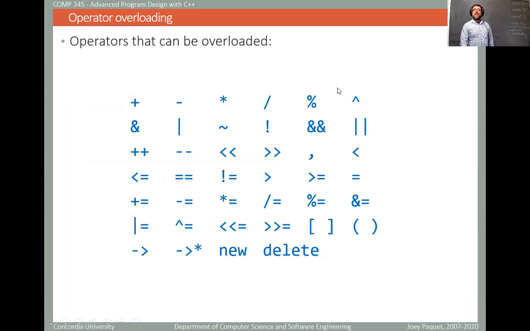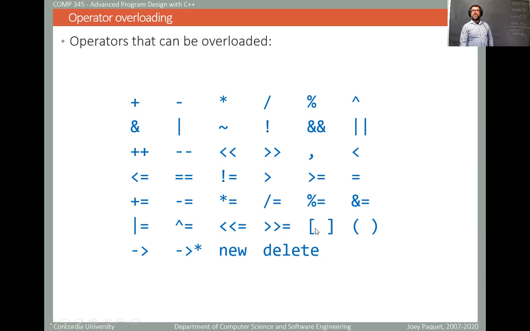So this is the complete list of operators that can be overloaded. You have the arithmetic operators, the logic operators, the comparison or relational operators, the increment operators, and the stream insertion and extraction operators.